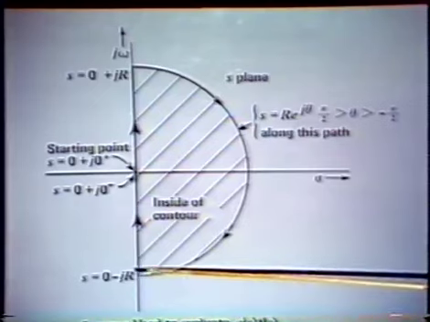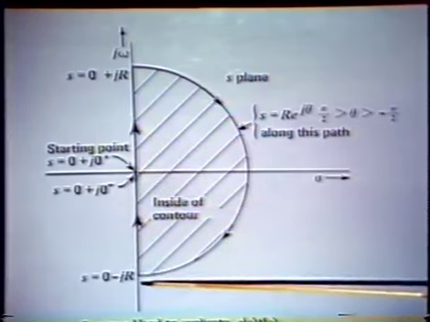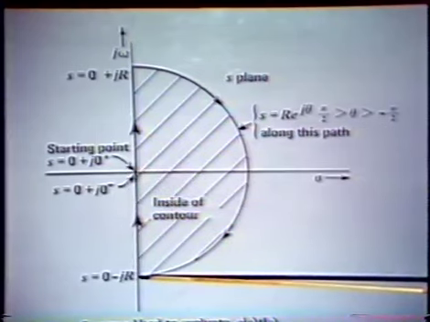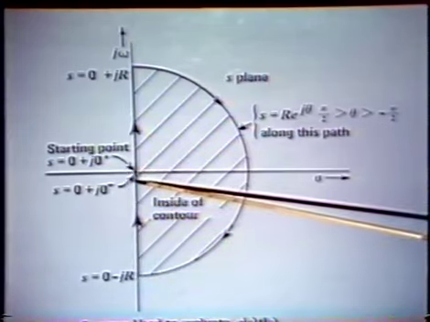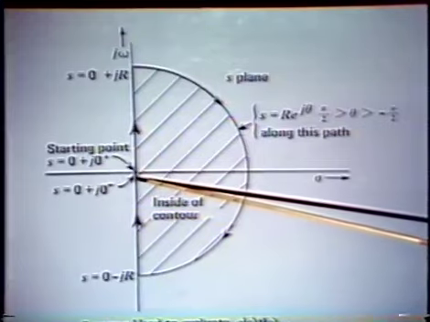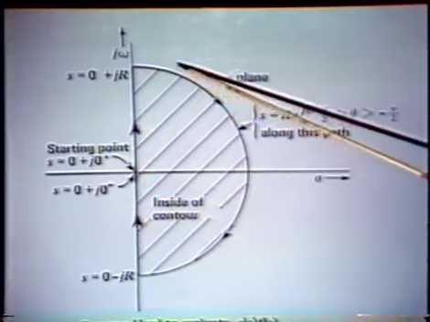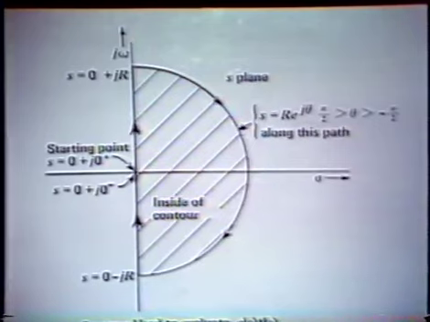And then we continue our contour here, going from s equals 0 minus jr back to s equals 0 plus j0 minus. So this is the contour that we use to evaluate the AF product.